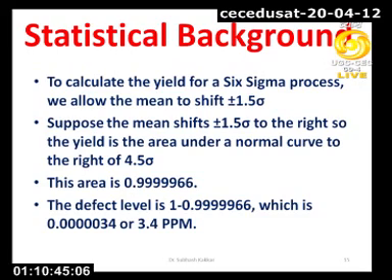This area is now 0.99966. Now, we can easily calculate the defects, which will be obtained by subtracting this figure from 1, which is only 0.00034, or in other words 3.4 ppm, parts per million.